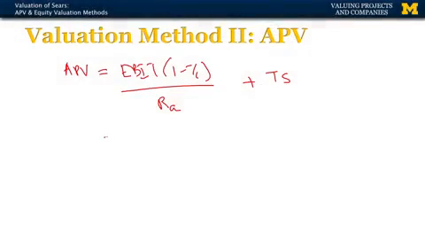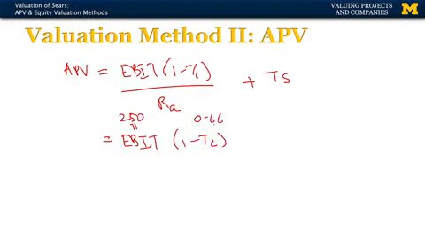Okay? So let's do it. Do we know EBIT? It is 250. And do we know 1 minus TC? It is 0.66. Do we know RA? 0.063.